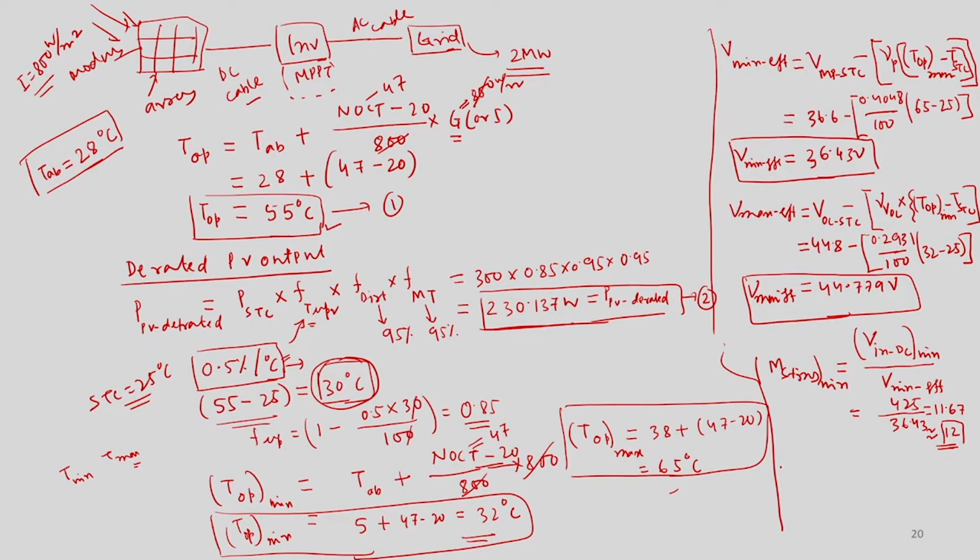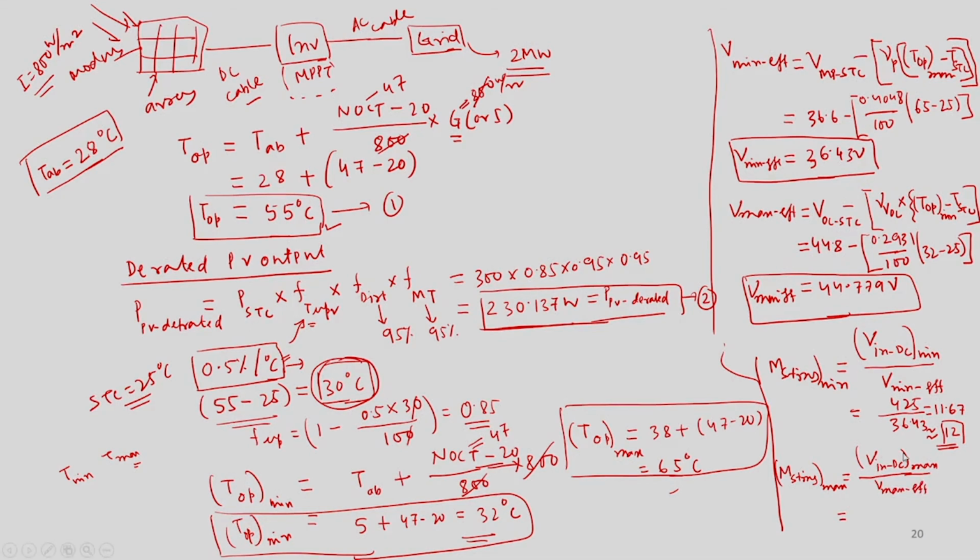And the maximum number of modules in a string, that is max. How do we define it? We already have the equation: V inverter DC maximum voltage divided by V max effective, which we already know, okay. So how much is this value?